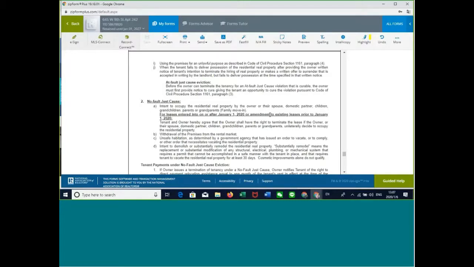So if they are month to month, on month number 5, you decide you want to move in, right? No problem. You just have to give 30-day notice. Because owner move in, right? You give 30-day notice. And then on the notice you say, I want to end the tenancy because I want to move in.